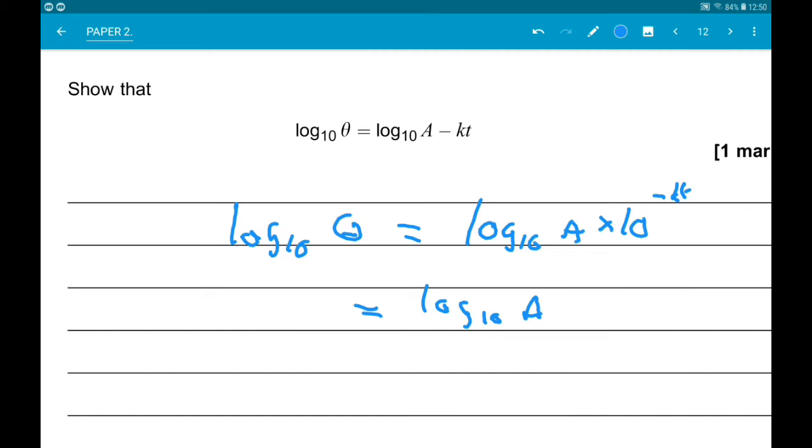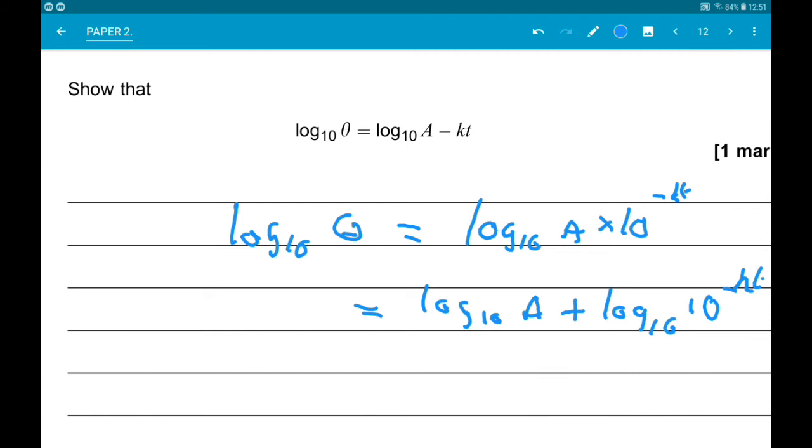So, log 10 A add log 10 of 10 to the minus KT. Now, log base 10 of 10 to the minus KT is asking what power do we set 10 to get 10 to the minus KT.